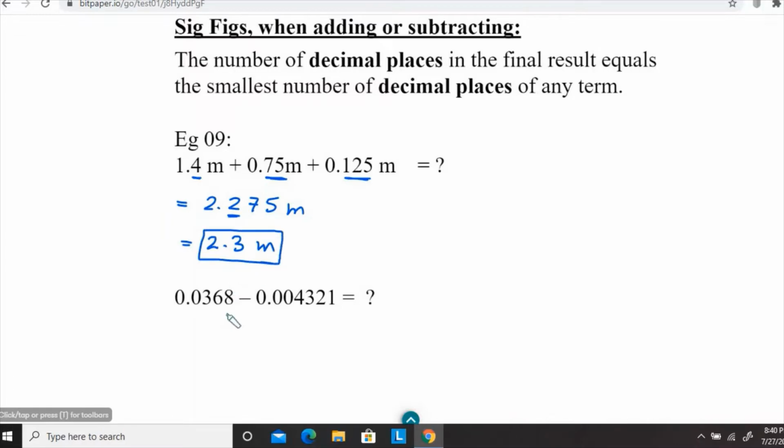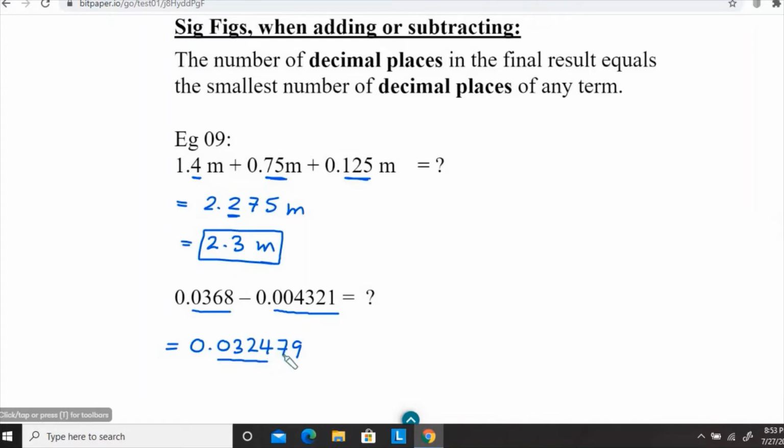Similarly, if we have two numbers to subtract, we look at the number with the smallest decimal places. For example, here we have 4 decimal places, and this number we have 6 decimal places. So the result of this subtraction will have 4 decimal places. So the result is 0.032479, and these are the 4 decimal places that we are interested in.